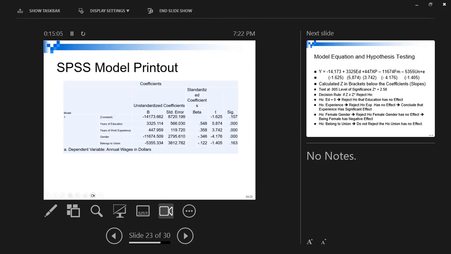The constant becomes 0. So essentially, somebody who has no education and no experience is probably not employable, and so will not have anything. So in advanced modeling, we can choose to take that out.